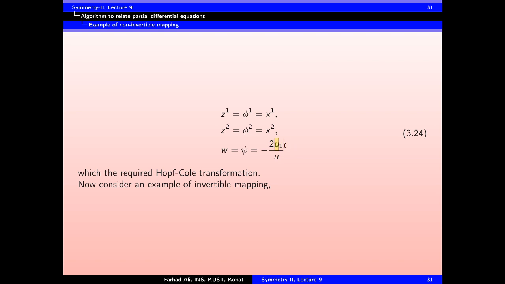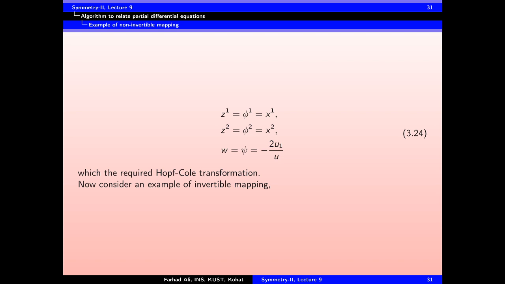Finding u, put over here the derivative of u with respect to x1 and u here, I will get w. But what is w? In fact, w is the solution of the Burgers equation. So the solution of the heat equation gives me the solution of the Burgers equation. So the whole game is that we solve a nonlinear PDE with the help of a linear PDE.